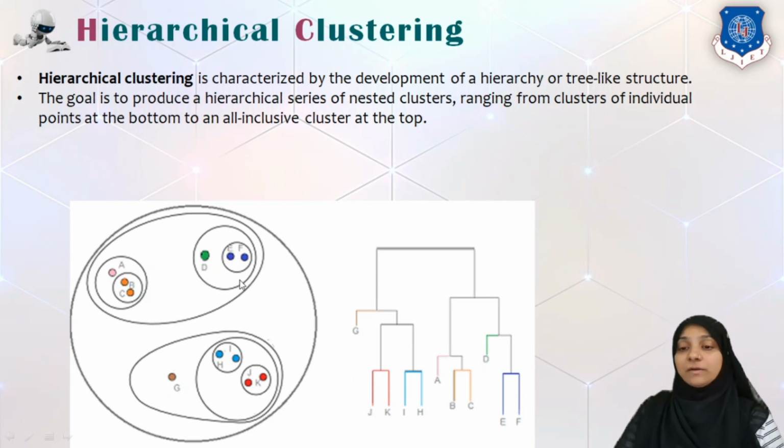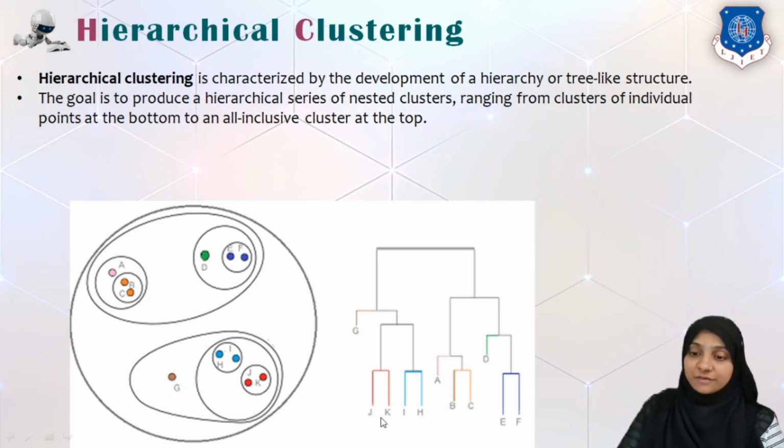Now on the right-hand side of this diagram, the hierarchy or tree-like structure that you see is called a dendrogram. This dendrogram is nothing but a representation of the clusters. Over this dendrogram, I can find that J and K belong to the same cluster.